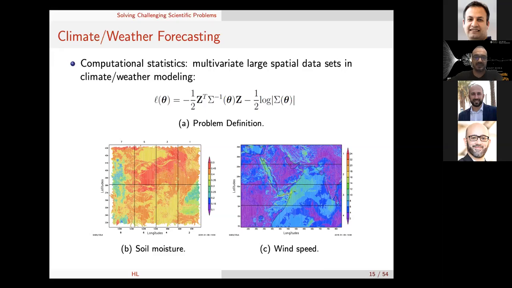So you are looking at putting sensors in a given region on Earth and trying to record, it could be wind speed, soil moisture, temperature, whatever parameter you are interested in. That matrix is as large as the number of observations, and therefore could be really of size million or even billion if you were to take all the data registered by the satellite.